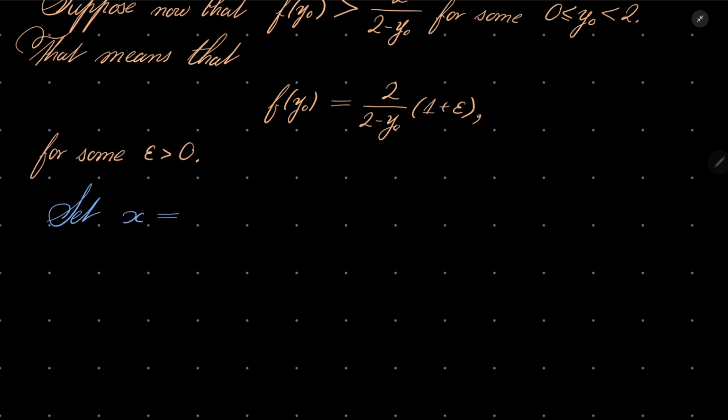Alright, and now, crucially, let's set x to be 2 minus y0 over 1 plus epsilon, once again in our equation number 1. Notice that then we have the following.